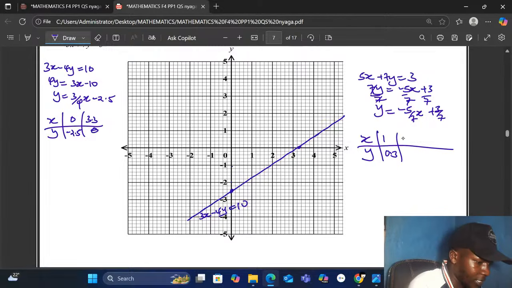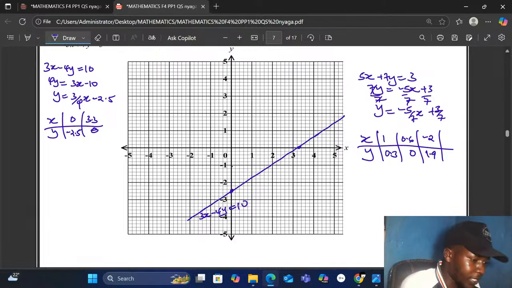Then when x is 0.6, y becomes 0. And when x is negative 2, y becomes 1.9. So you can draw this one. So when x is 1, y is 0.3.